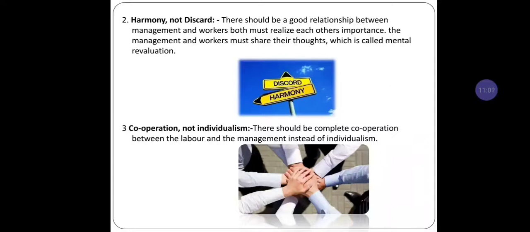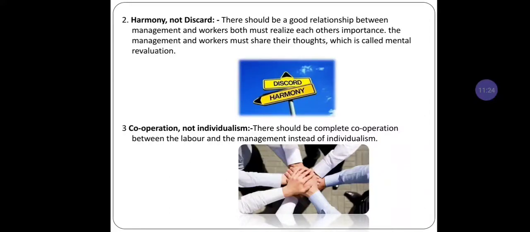This process is called mental revolution. You can expect this mental revolution for a 2 marks question. Once again I'll repeat, harmony, not discord, is nothing but having a good relationship between workers and management. Workers and management are both important to the organization.